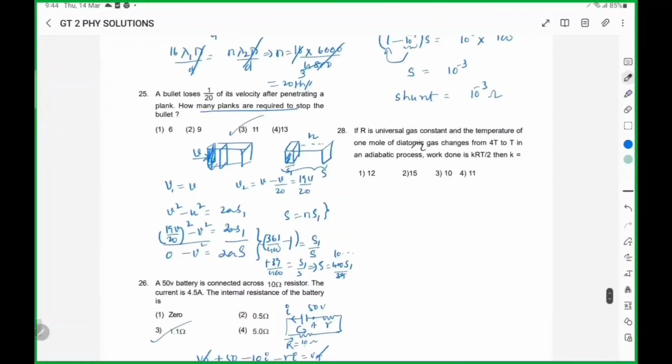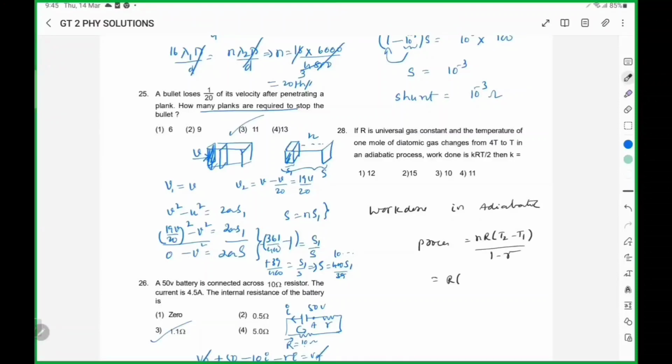R is the universal gas constant. Work done in an adiabatic process is nR into T2 minus T1 by 1 minus gamma.